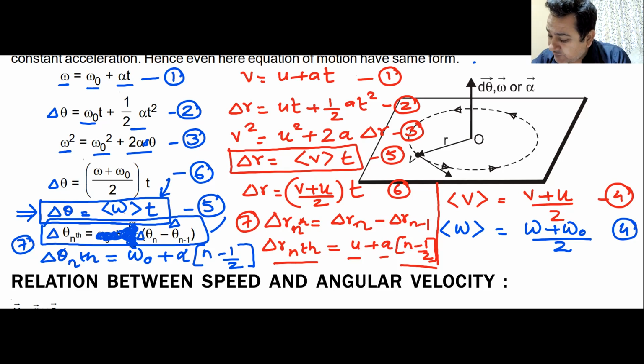These two equations which are in the dabba, they are all valid for constant acceleration only. The equations in the dabba are definitions, these are concepts, and they are valid whether the acceleration is constant or not.